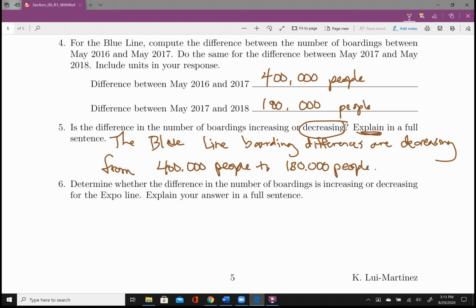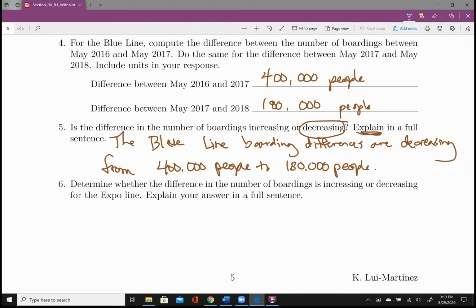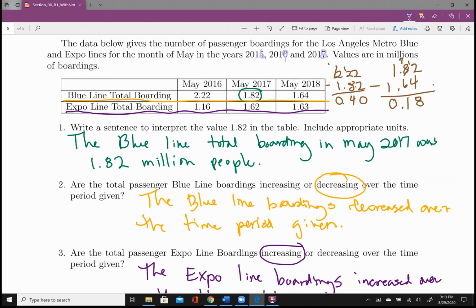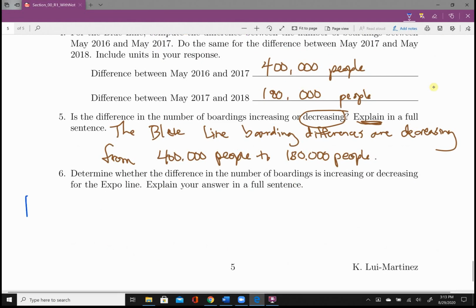Okay, now let's do the same thing but for the expo line, and then we'll be done here. Okay, let me give you a fresh color. Let's go this electric blue. And okay, so May 2016-17, let's grab those numbers right here and we'll calculate them down below. So that'll be 1.62 minus 1.16, and that'll be, excuse me, 0.46, so that'll be 460,000 people.